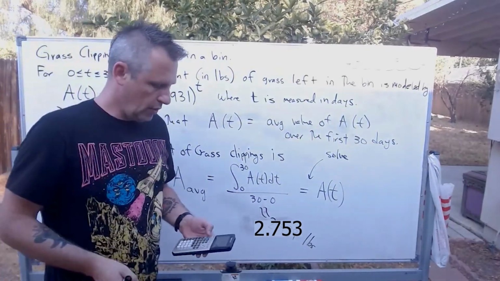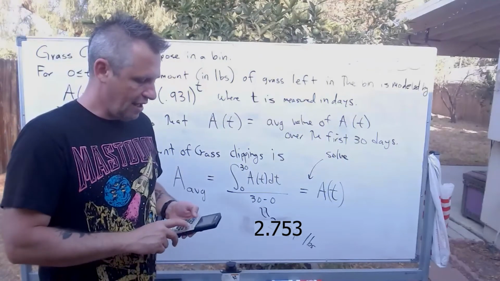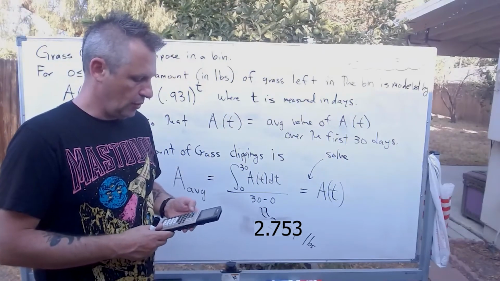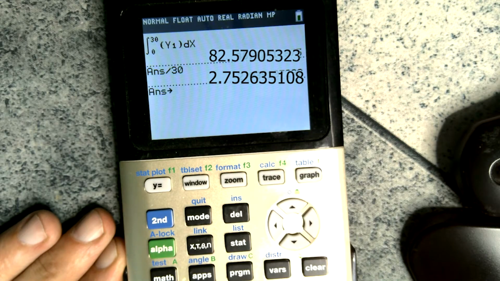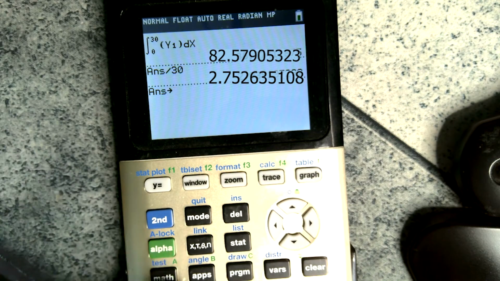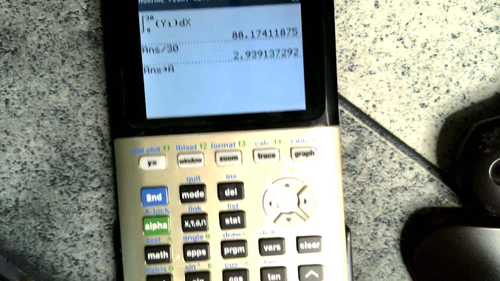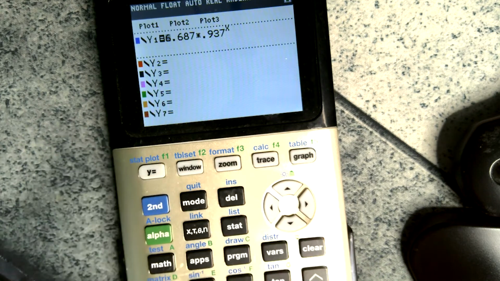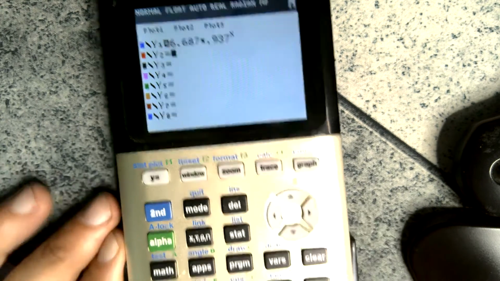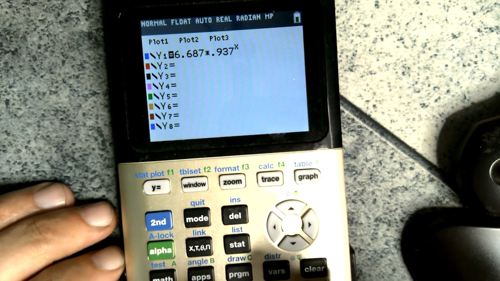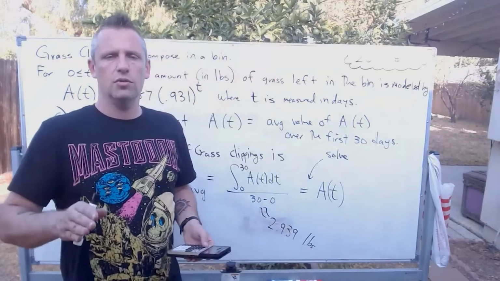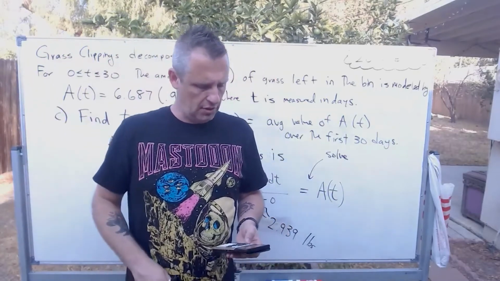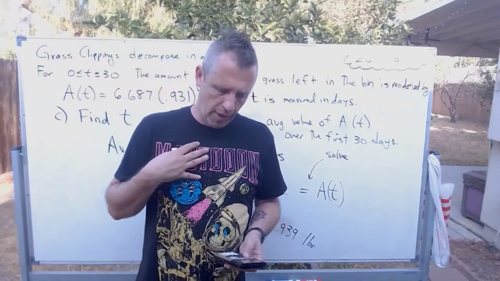Okay, so now what I want to do is take that value and graph it. So I'm going to put this into Y1 or Y2. Now one of the things that I think is very important when you're trying to do things, a lot of students just go ahead and hit graph, but I always love to mess with my window.